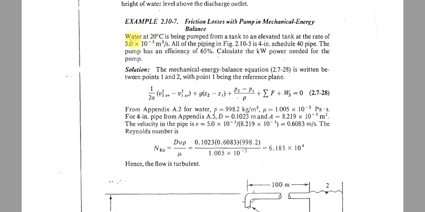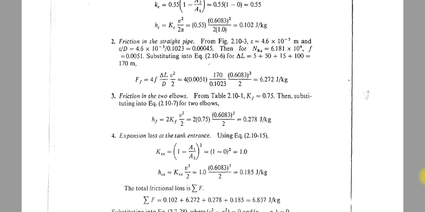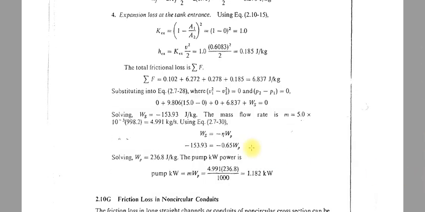Okay, and the liquid is water. The density of water at 20 degrees centigrade is known, that is around 1000 kg per meter cube. Multiply by the kg per meter cube, you will get around 5 kg per second as your mass flow rate. So if you assume 998.2, then it will come 4.991 or 5 kg per second.